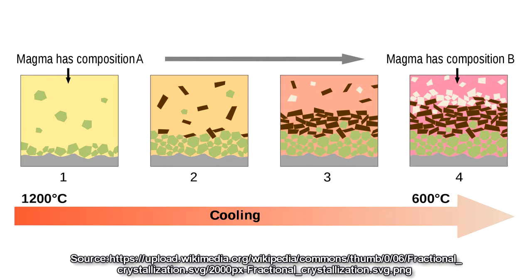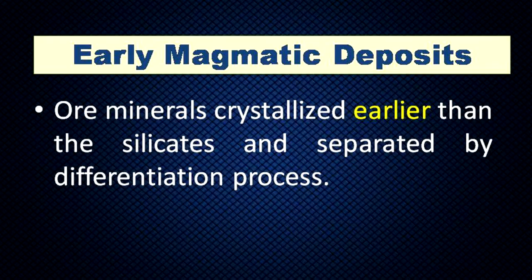So they crystallize out first. Once they crystallize out, the left out magma is enriched in the silicate phase. So the remaining phase is rich in silicates. So ore minerals crystallize earlier than the silicates and separated by differentiation process. Whatever is left out in the system undergoes differentiation, and as a result of differentiation, mineral deposits are formed.